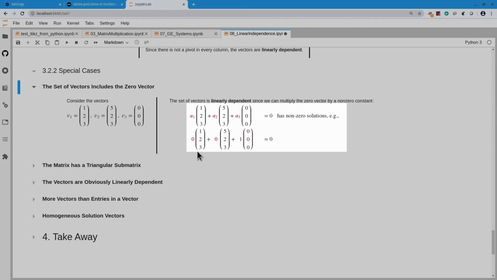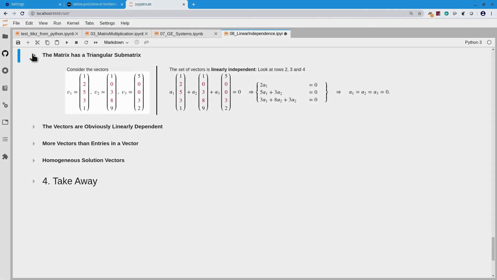So 0 times the first vector plus 0 times the second vector plus 1 times the zero vector certainly adds up to 0, and is a non-zero solution of the linear combination equal to 0. So the moment I have the zero vector, the set is linearly dependent.